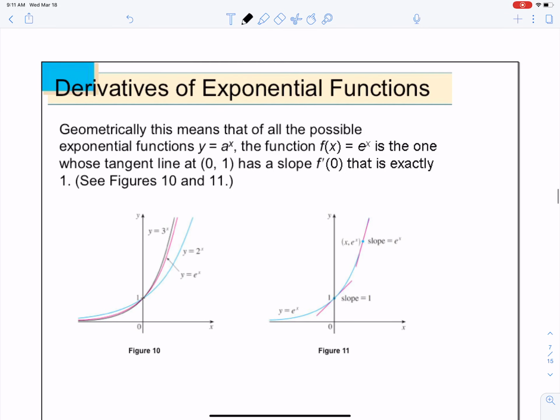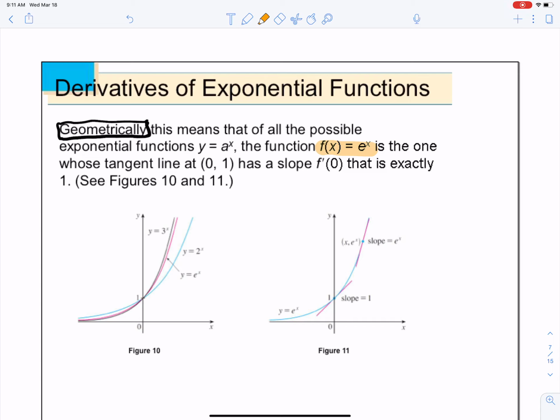So geometrically, this is quite powerful, the result we just obtained, because if we choose our function to be e to the x, this is really crazy because the slope of the tangent line to the curve at any given point is actually the y value at that given point.